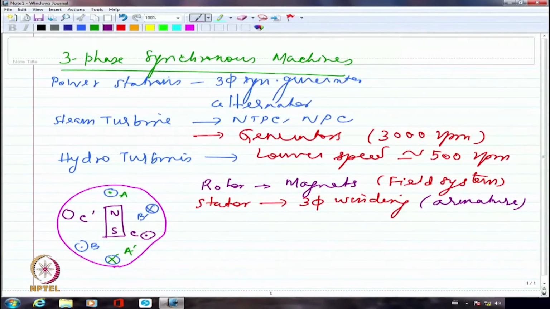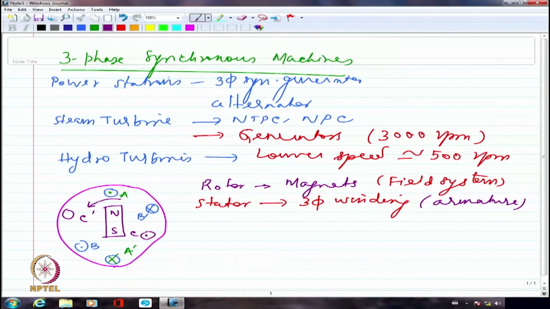Right? Why is it that way? We will also discuss that a little bit. But if I am having essentially the structure somewhat like this, and I assume that it is rotating in the anti-clockwise direction, first I am going to have induced EMF in A and A dash.